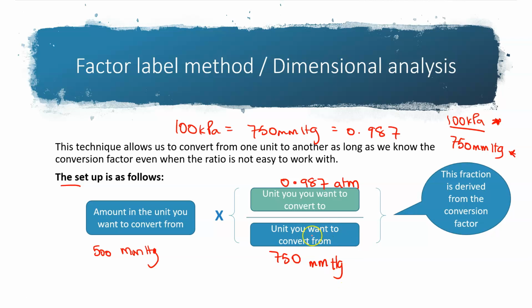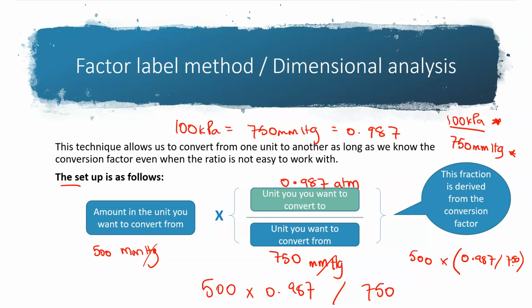What this means is, if you can see here, we would be dividing by millimeters of mercury on the right hand side compared to this timesing by the millimeters, and those two units will cancel out. So we will end up with 500 multiplied by 0.987 all divided by 750. If you're putting this into your calculator, it's important to have your 500 multiplied and then use brackets, 0.987 divided by 750 to get the conversion factor correct.